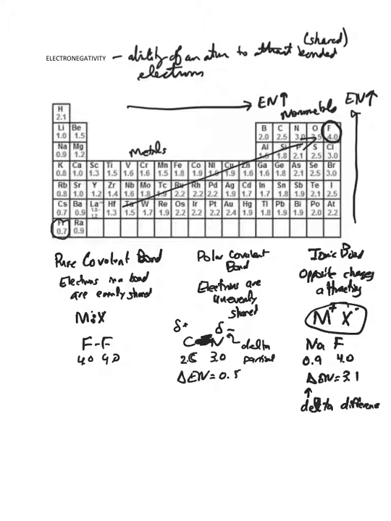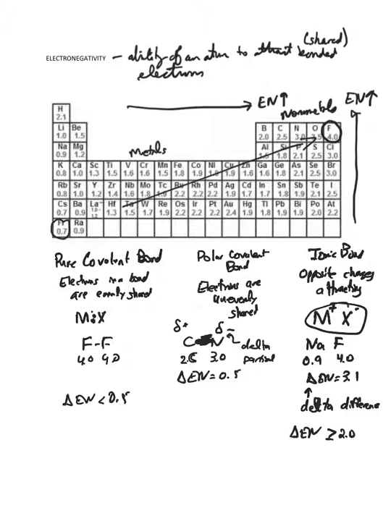So numerically, how do we differentiate this? In an ionic bond, the difference in electronegativity is greater than or equal to 2. In a pure covalent bond, this difference of electronegativity is going to be less than 0.5.